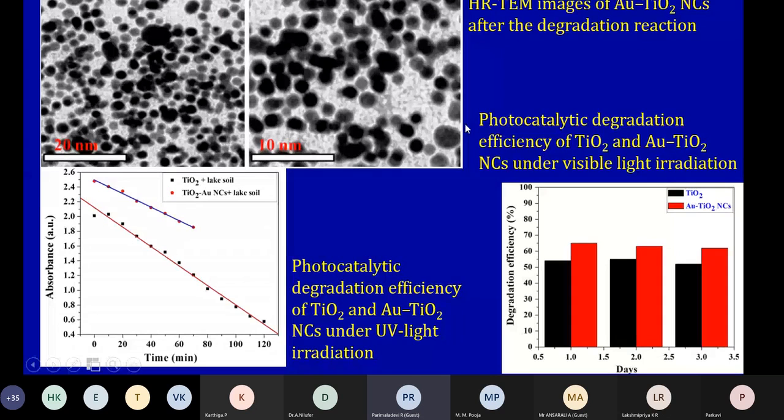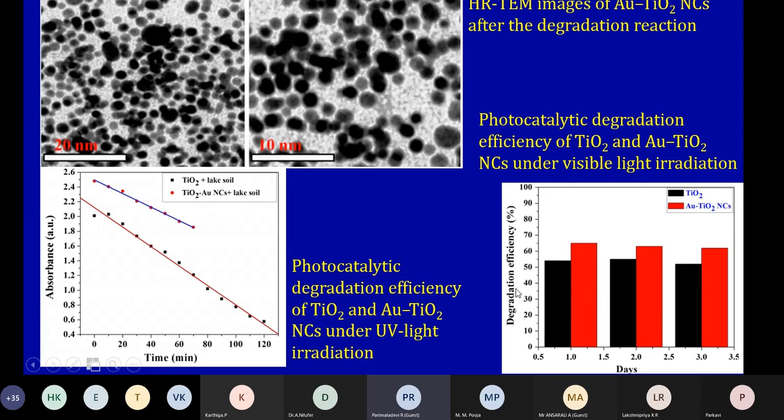This is after degradation. When we add that Au-TiO2 to the soil, it starts to degrade that organic pollutant. After degrading, we again take the image of that Au-TiO2. It was stable as before degradation. So we can confirm this nanoparticle Au-TiO2 is stable even after degradation.